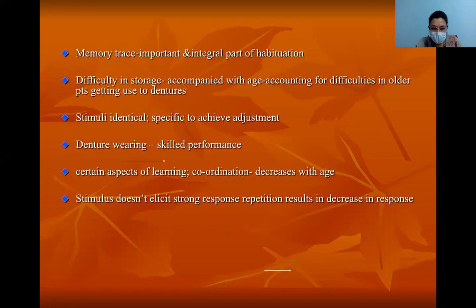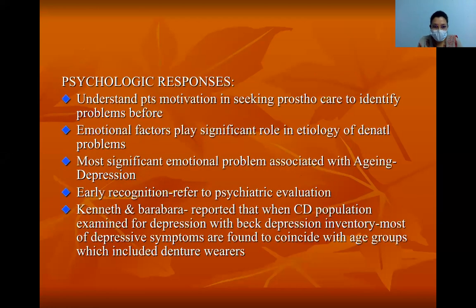Certain aspects of learning and coordination decrease with age. We all know that. When a stimulus doesn't elicit a strong response, repetition results in decreased responses. Now, what are the psychological responses in a denture wearer patient? Understand the patient's motivation for seeking the prosthesis, and carefully identify the problems beforehand.